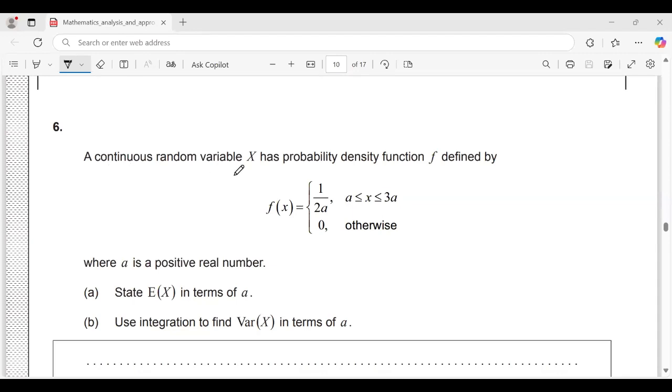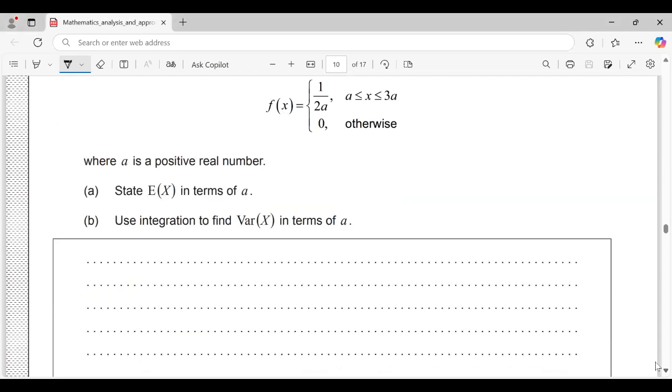Continuous random variable x has probability density function, PDF, defined by this function, where a is a positive real number. State expectation of x in terms of a. f(x) equal 1 over 2a according to this information, for x in the interval a to 3a.